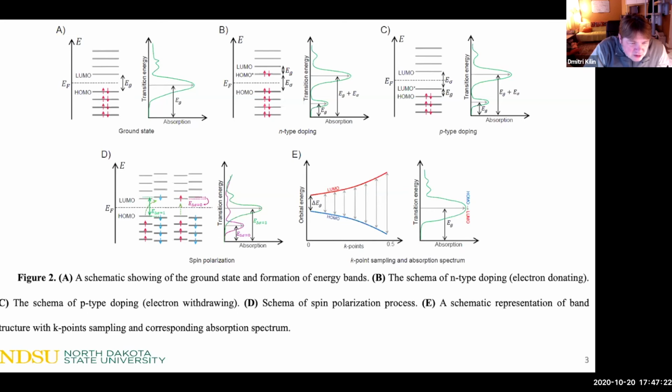The one in the middle shows that the red electron, the spin up electron, is promoted from HOMO to LUMO. This is some sort of Fermi excitation.